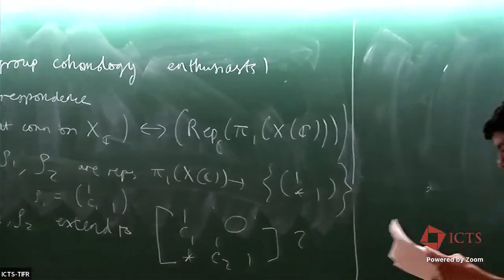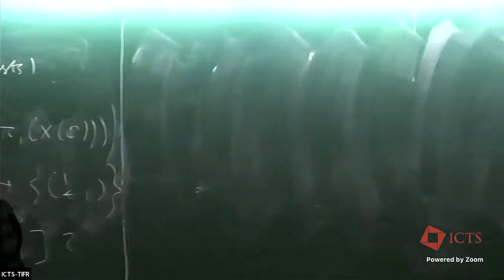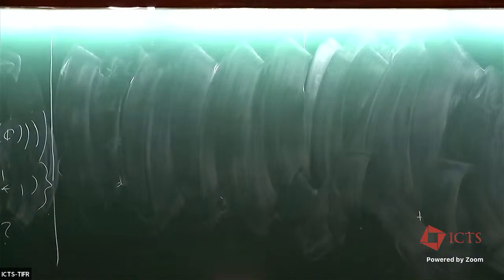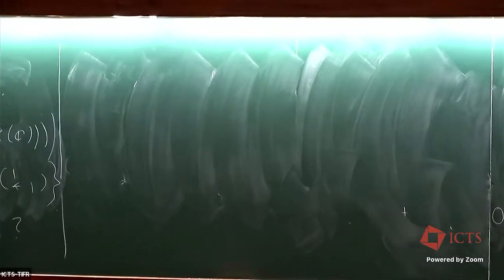Okay, but let's do the Durand version. Does there exist a cochain epsilon from π1 of X to the complex numbers such that this thing is a homomorphism?